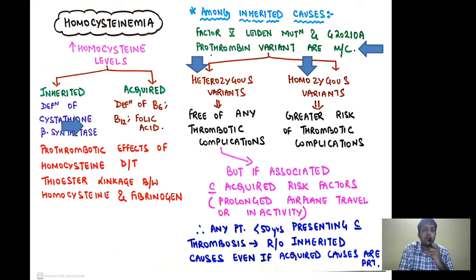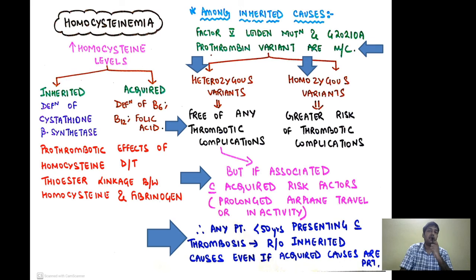Now remember, the heterozygous variants are usually free of any thrombotic complications. But if there are associated acquired factors, for example, prolonged airplane travel, prolonged immobilization or inactivity, then the risk is going to increase. Therefore, any patient less than 50 years of age presenting with thrombosis, you have to rule out inherited causes even if acquired causes are present.